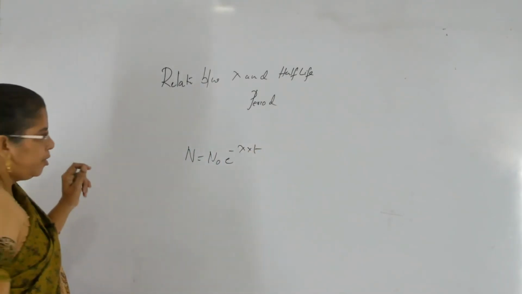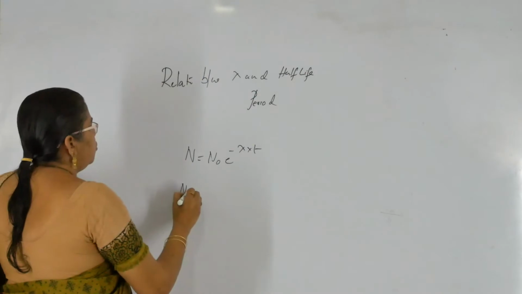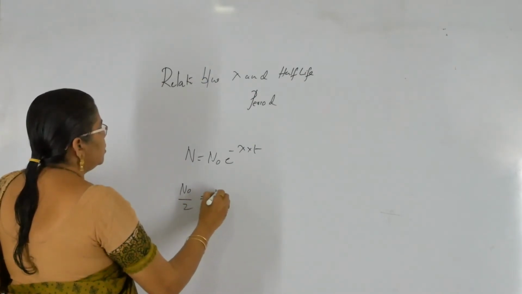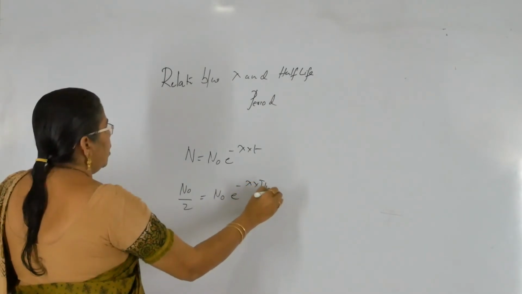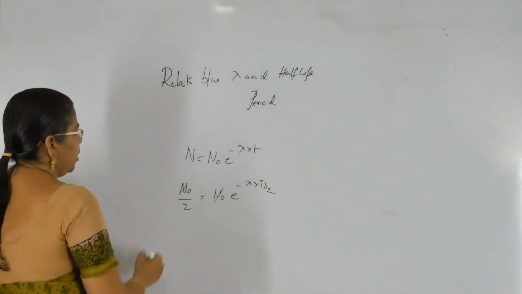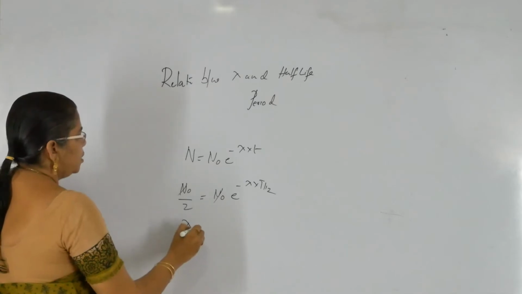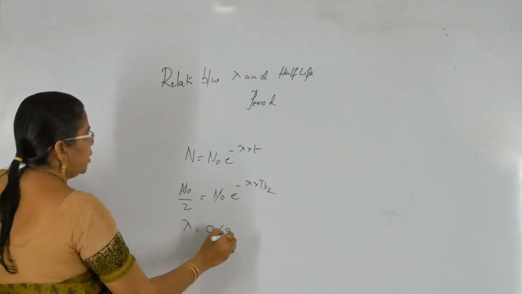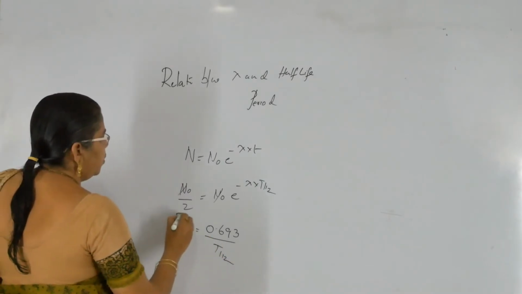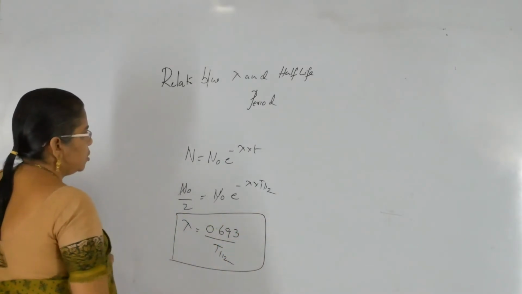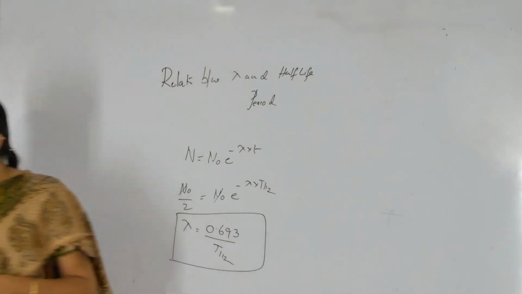So we write N as N0 by 2 is equal to N0 e power minus lambda t, with t as T half. N0 gets cancelled, and lambda is equal to 0.693 by T half. This is the relation between the disintegration constant and the half-life period.